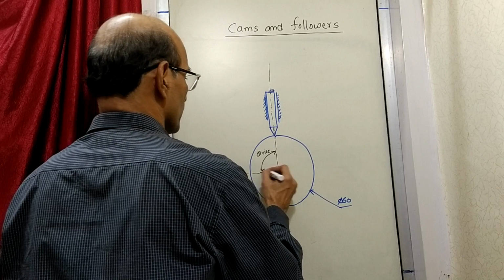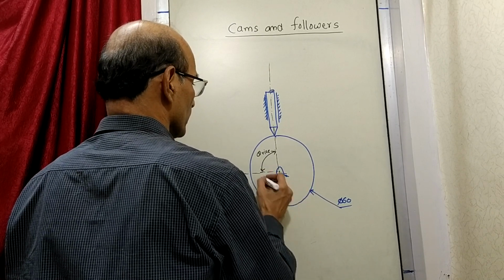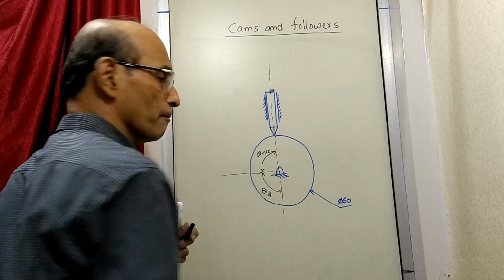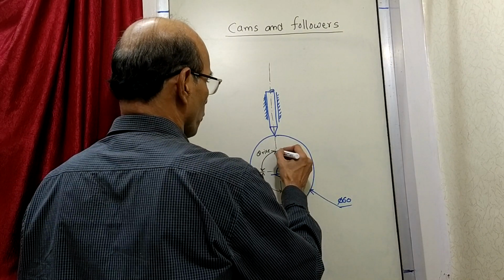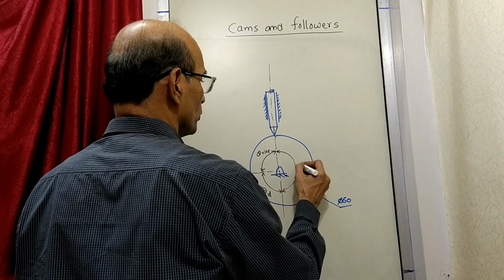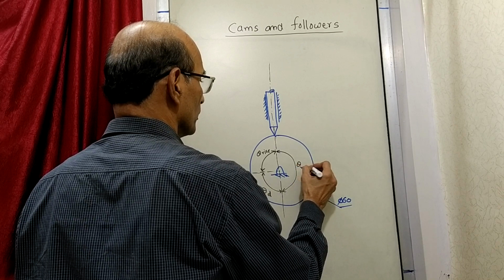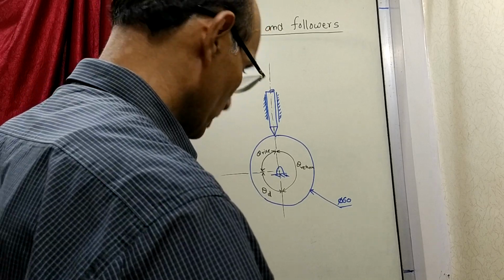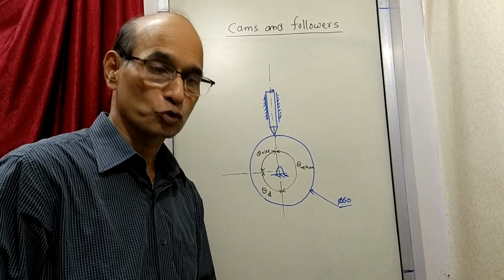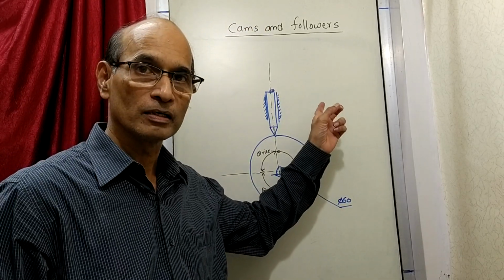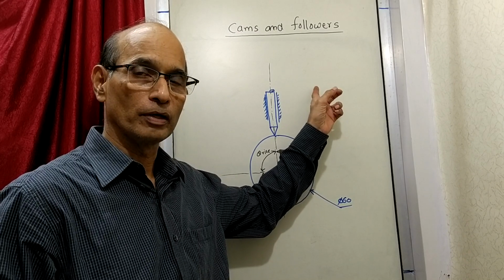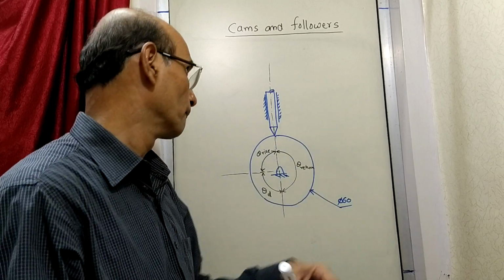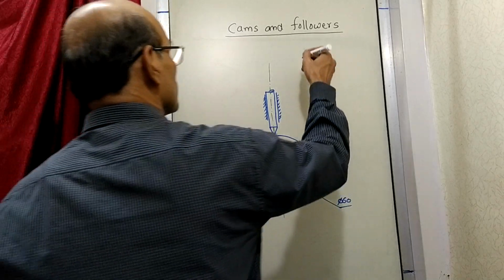Then the next 90 degrees is theta dwell, and the next 180 degrees is going to be theta return. And then there is a stroke. I think you have to just add it, I have not shown it there. Write down stroke. Stroke is 20 millimeters. Add it in the data.